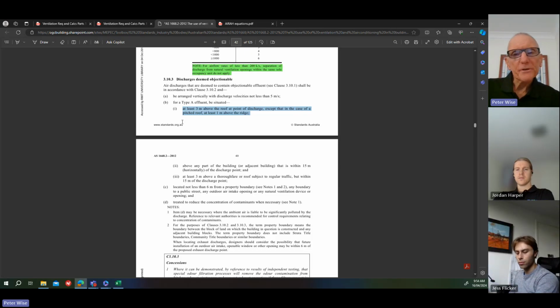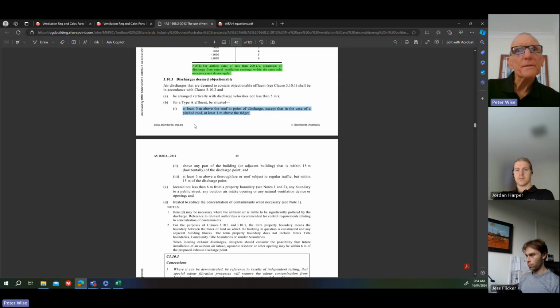So a hospital is a good example, where you've got laboratories exhausting dangerous discharges. Laboratories are the same. Industrial buildings.